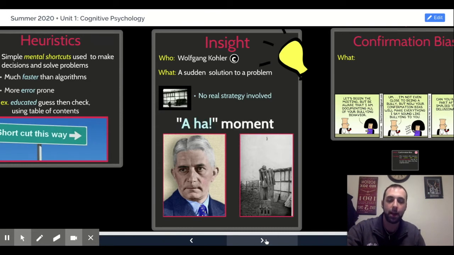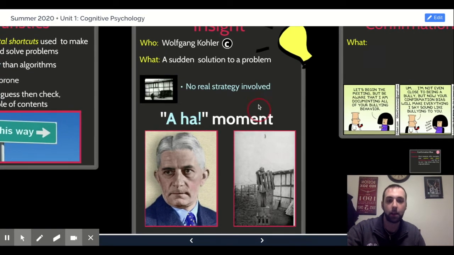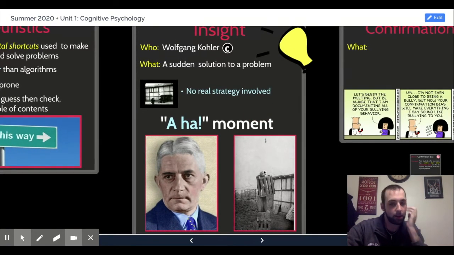Kohler conducted a unique study where he arranged a banana in an enclosed area and provided chimpanzees a collection of boxes and small tools, and tried to see whether or not they would be able to obtain the bananas at the top of the enclosure.